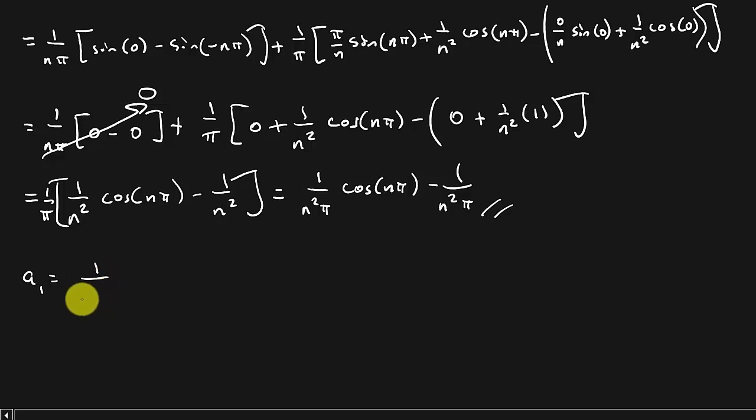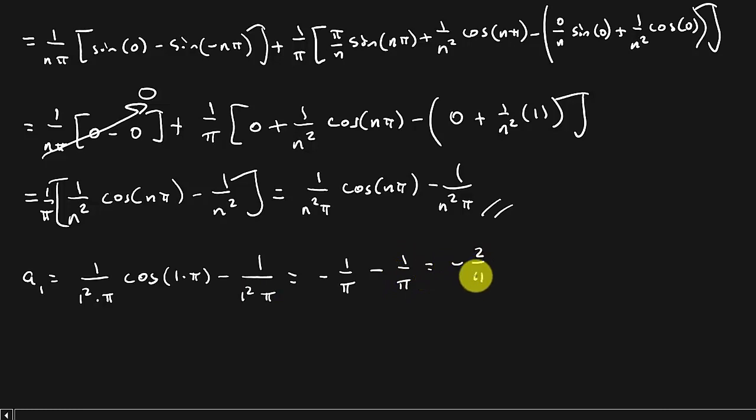That's 1 over 1 squared times pi times cosine of 1 times pi minus 1 over 1 squared pi. Well, what is this? That's -1, right? Cosine of pi is -1. So that's going to be -1 over pi, minus 1 over pi, which is -2 over pi.